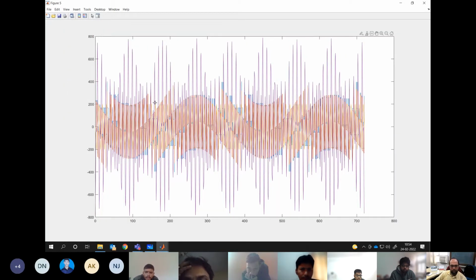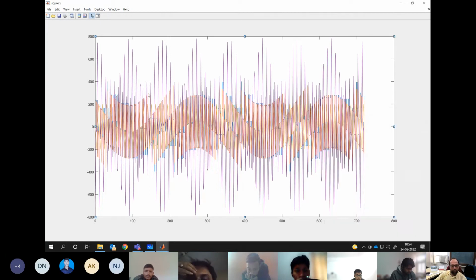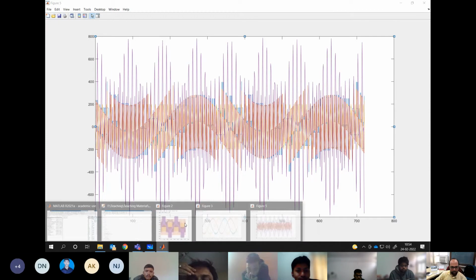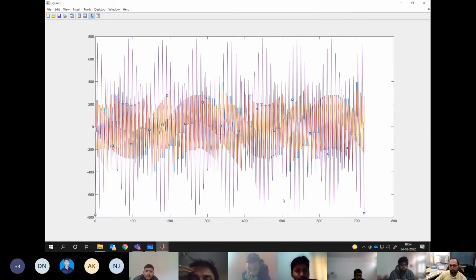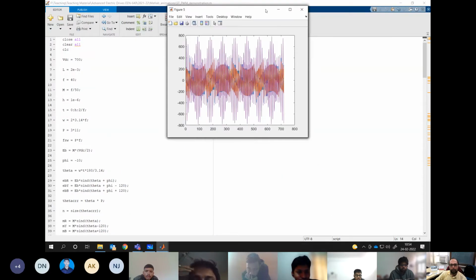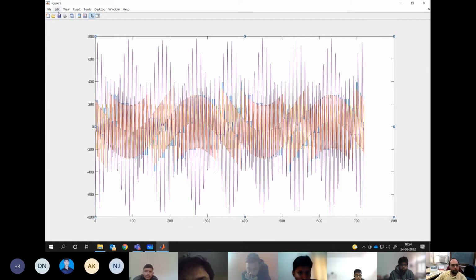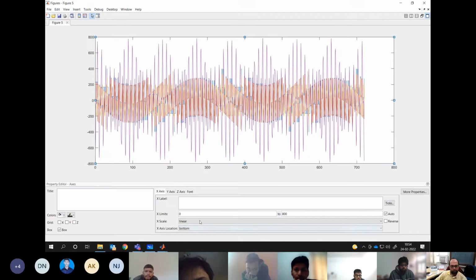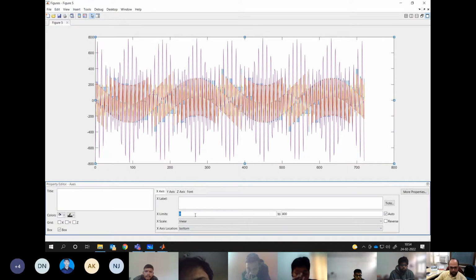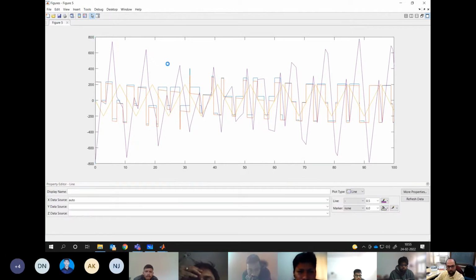So it has too many components. First thing is your error voltage, what we have seen corresponding to the VRN. So let me show it one by one. Okay, let us say from 0 to 100 we can have, and let's have only the voltage error component in this as of now.